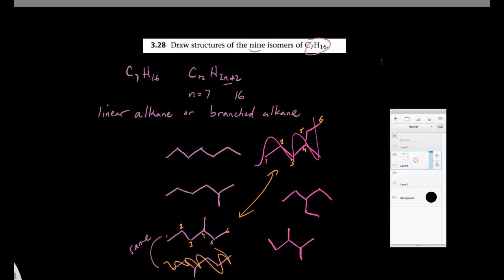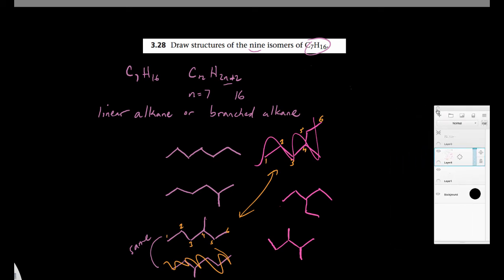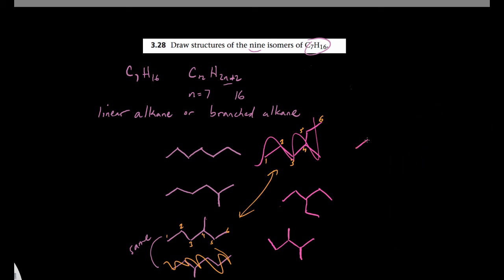We can do a 4-carbon chain. Move this over here. We can do a 4-carbon chain and then put a methyl here. And what if we put another methyl here? And what if we put another methyl there? So that is definitely a different compound. And what if we do the same thing?